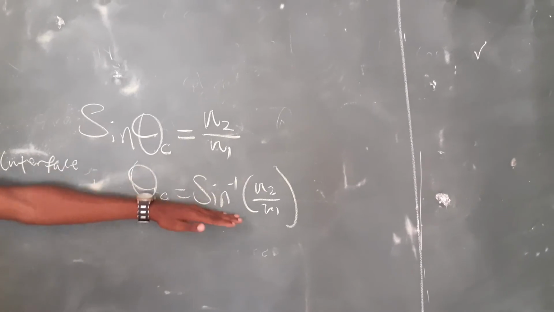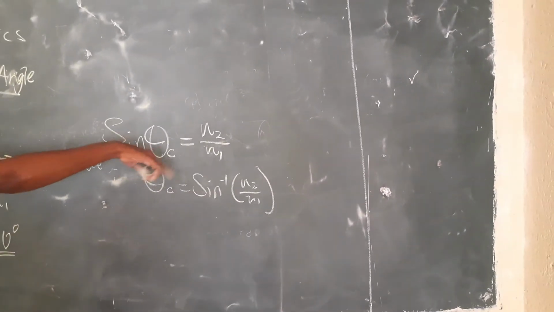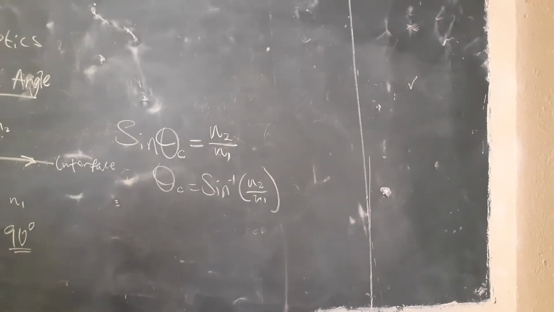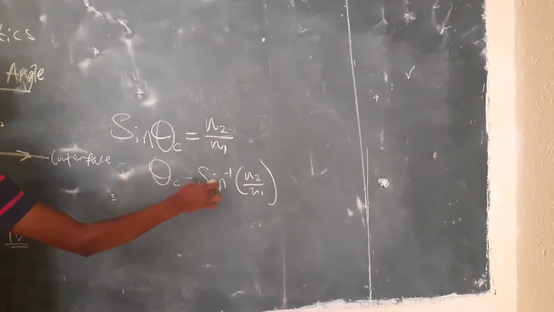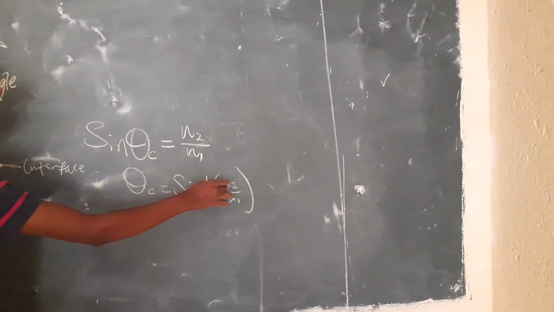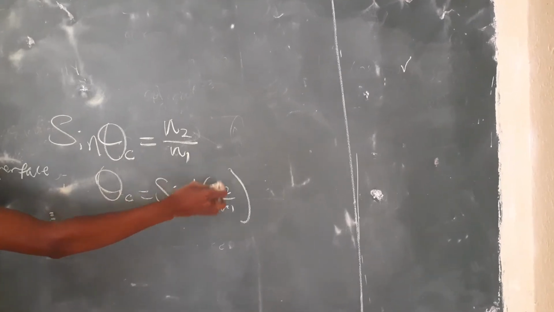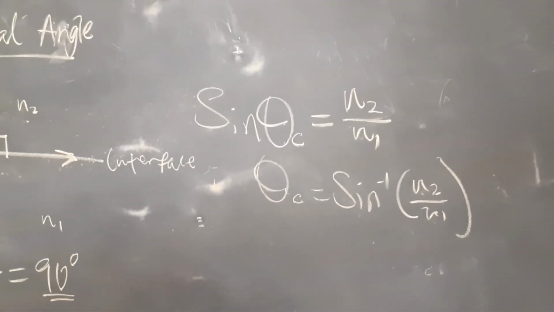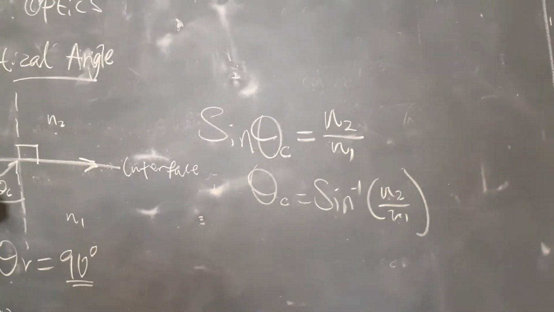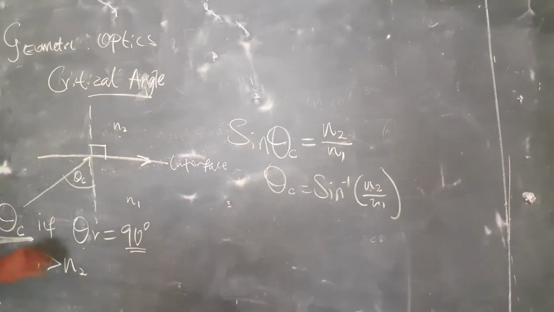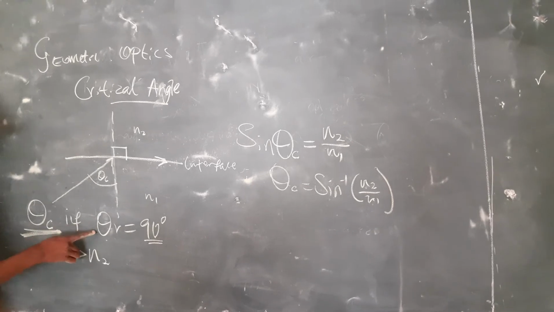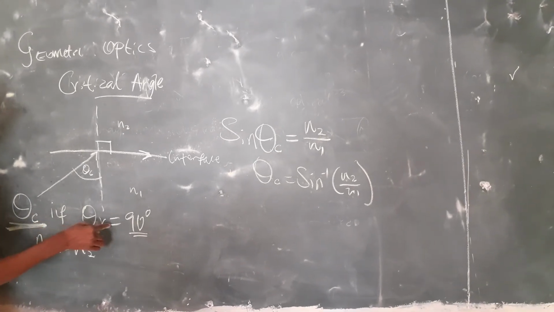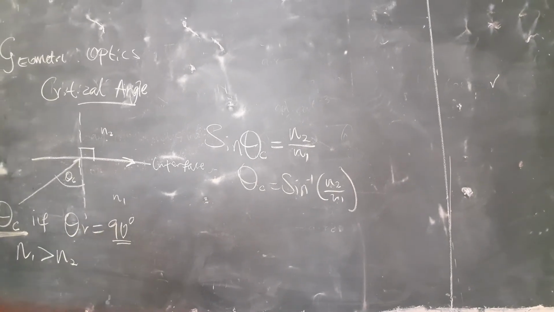Either you write it this way or you write it this way, you'll still get the same answer. So you can say inverse sine of medium number 2 refractive index over medium number 1, and you'll get your critical angle.